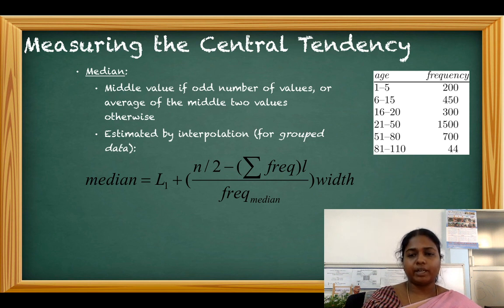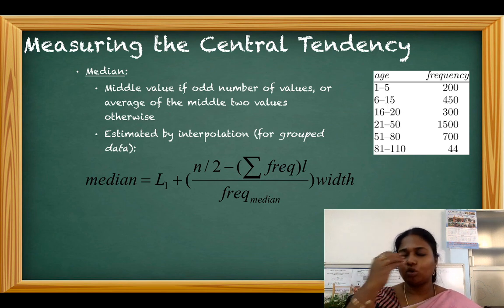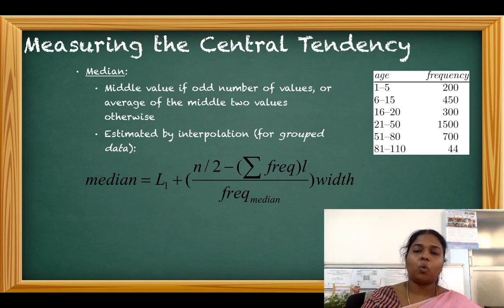Median is where you first sort all the data values and then identify the central element in the data. So you sort the entire data, divide it into groups, and after grouping you find the one data element which is central in nature.